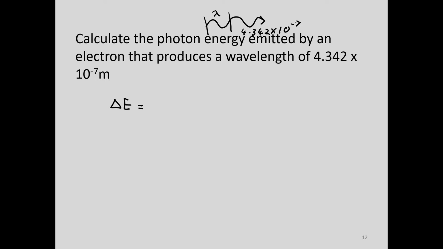So how do we find it? The formula is h mu. We know h because it is a constant, and mu we don't know, so we can use the other formula with lambda. This is also a constant and this one is given in the question, so you just put it in.